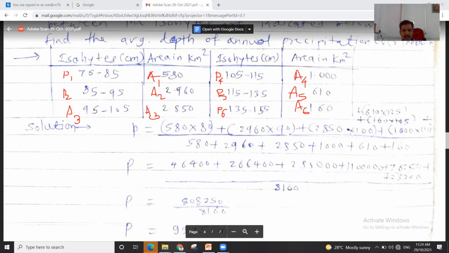P1, P2, P3, P4, P5, P6. There are 6 numbers of isoites. A1, A2, A3, A4, A5, A6. इथे A1 ठेवलेले आहे.